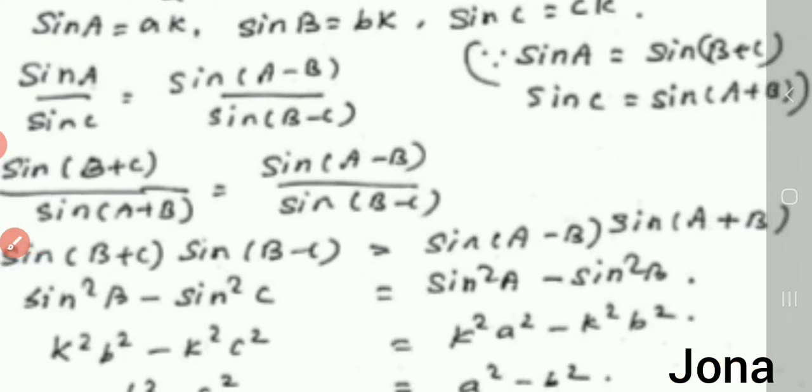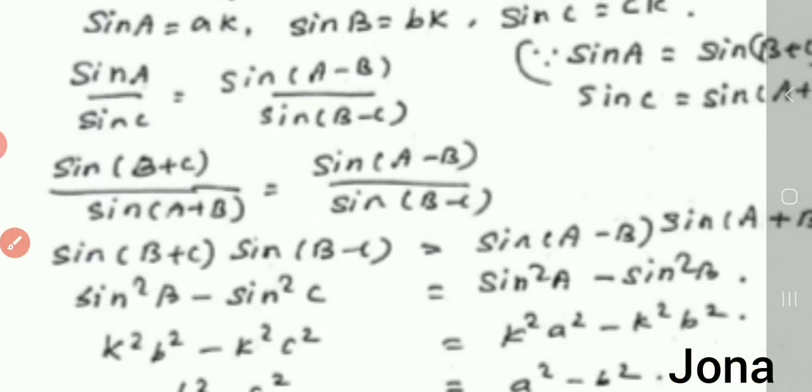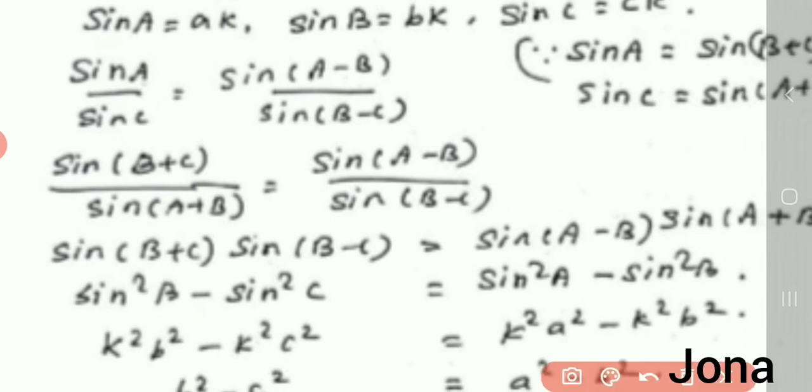So here it's given sin A by sin C. Instead of sin A, I substitute sin of (B plus C). Instead of sin C, I substitute sin of (A plus B). And then cross multiply. We get sin of (B plus C) into sin of (B minus C) equals sin of (A minus B) into sin of (A plus B).